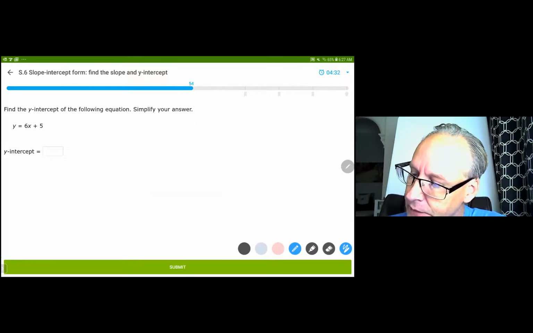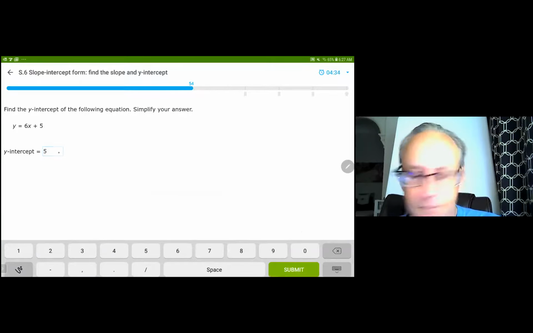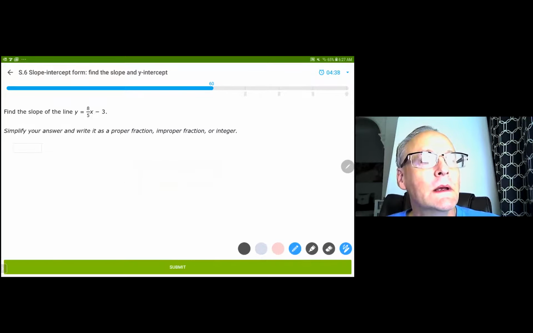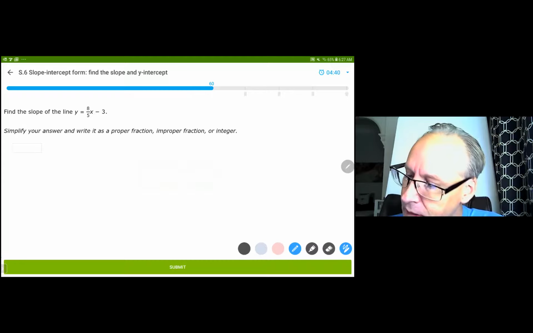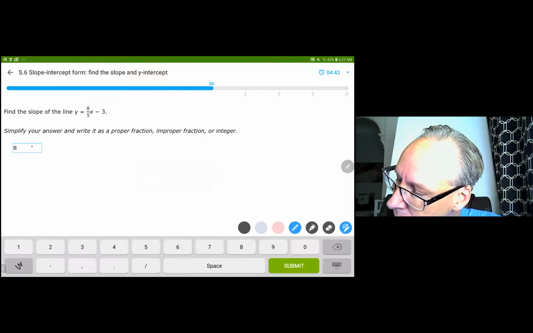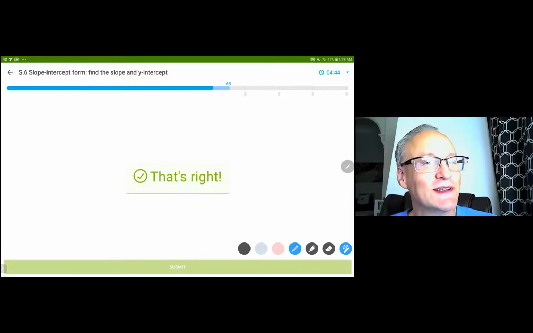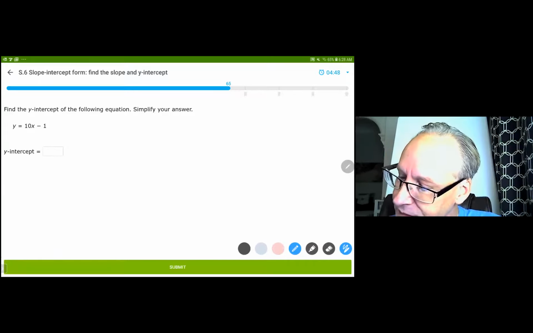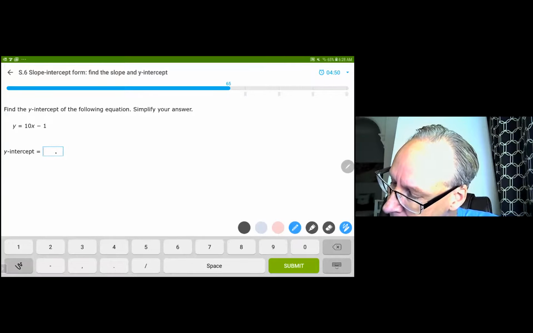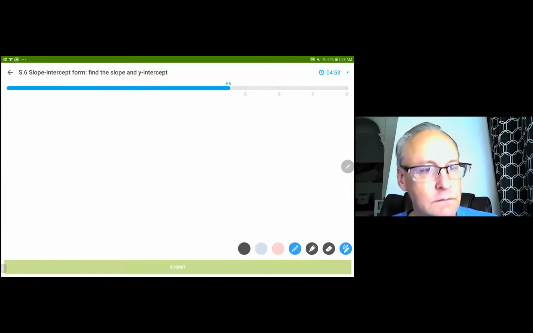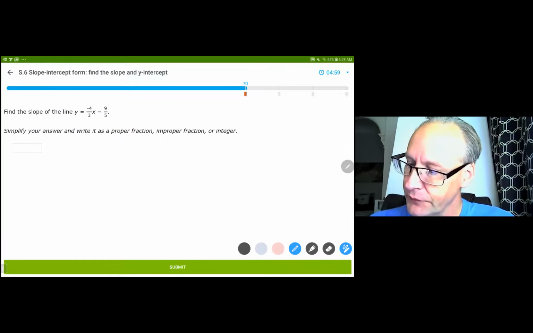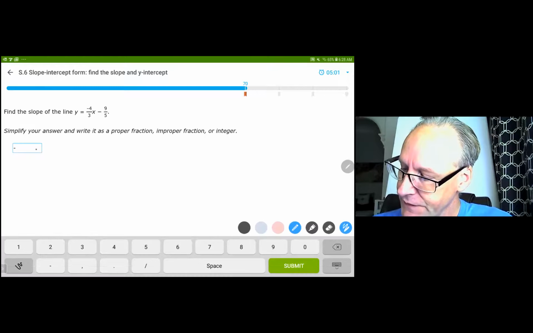Y-intercept 0.5. And 8/5. Nice thing is this one's going to go very quickly, isn't it? Y-intercept is at 0, -1. And the slope is -4/3.